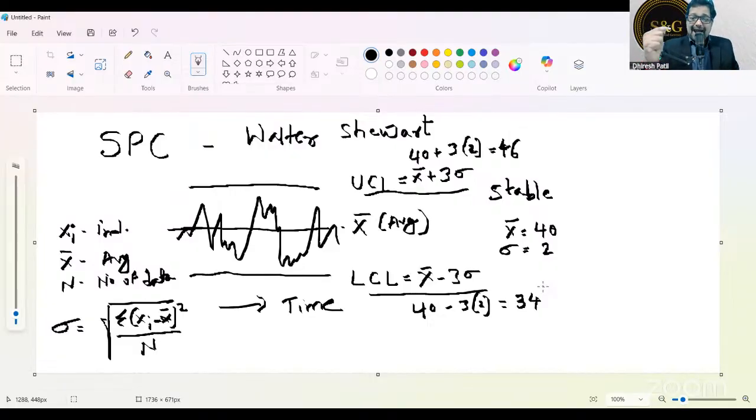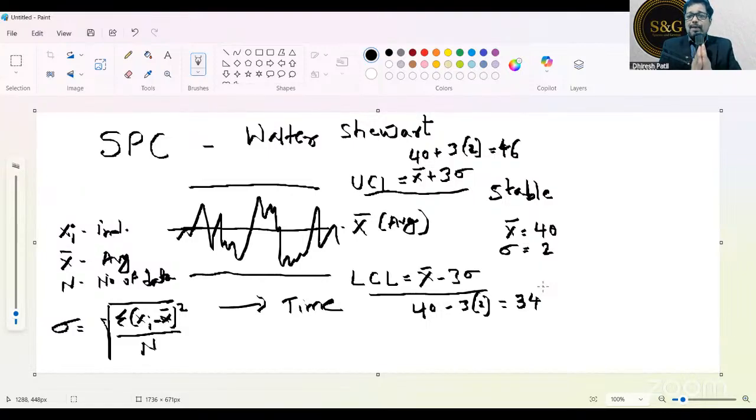At +3 and -3 standard deviation, write this down. Alpha and beta error gets balanced out. Write this down. It is a little heavy statistically, but just for your information, write it and keep it as it is. Okay, we'll cover it some other time.